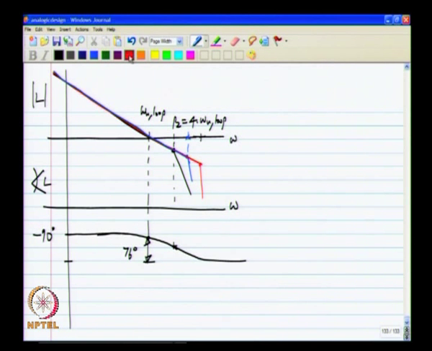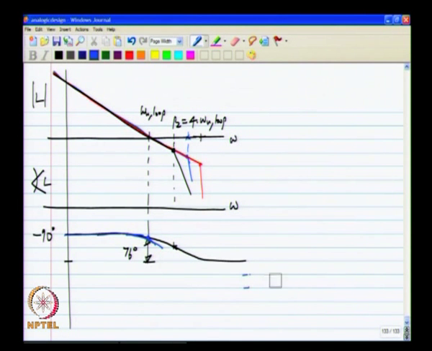Now, the next one, the third order system with two identical poles also starts like this, and then it has a similar phase margin, and finally it goes to a larger phase lag of minus 270, but at this point it has the same phase margin.